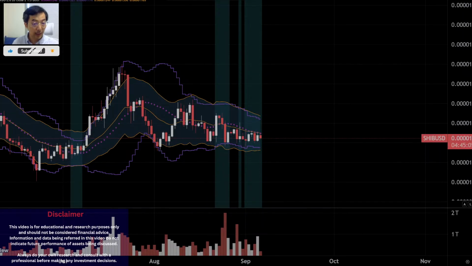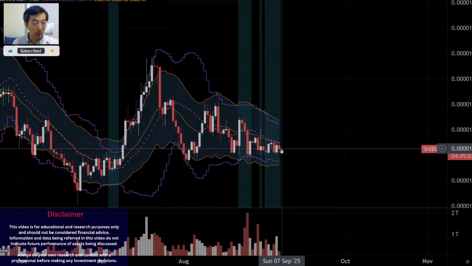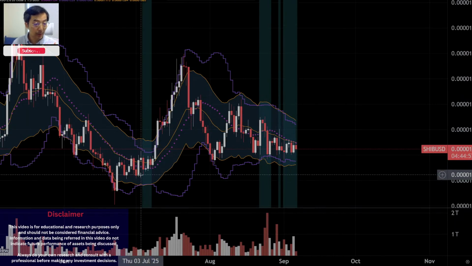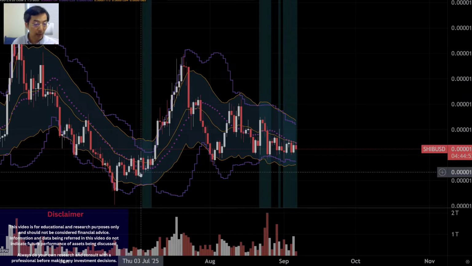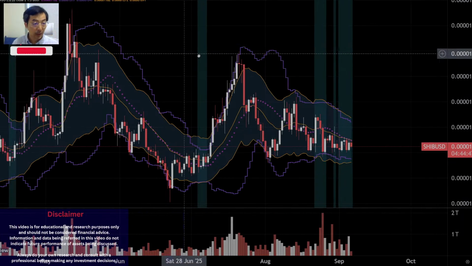Also it is at the lower half of this Bollinger Band Code squeeze channel. So a lot of times when the squeeze happens and the price is somewhere at the bottom, it usually goes to the upside. Not 100% of the time, but usually.